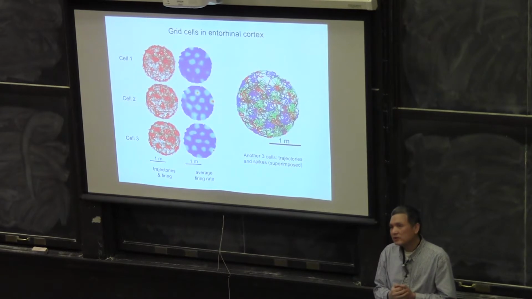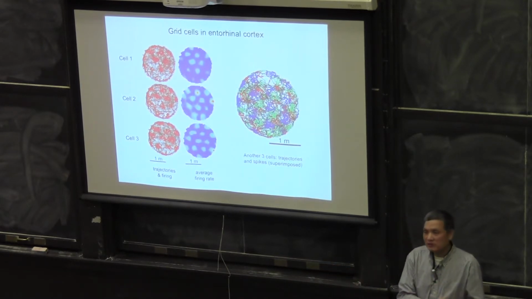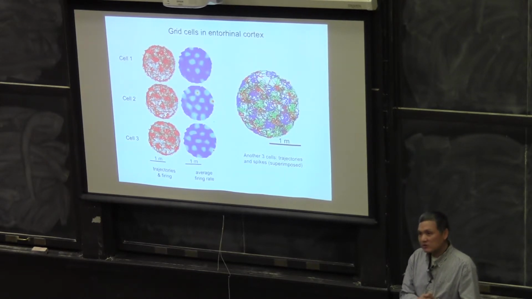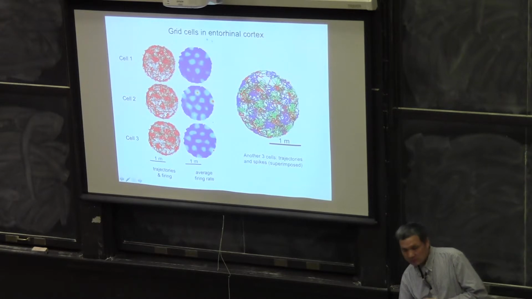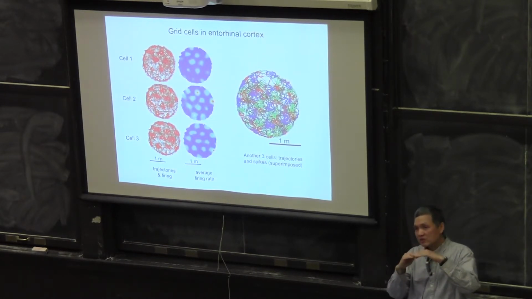So this is completely amazing because you think about space. You think of space as continuous, right? You can move continuously, but whoever predicted that inside your brain, the representation of space, this is entorhinal cortex. And you remember from the anatomy, that's the location next to the hippocampus.